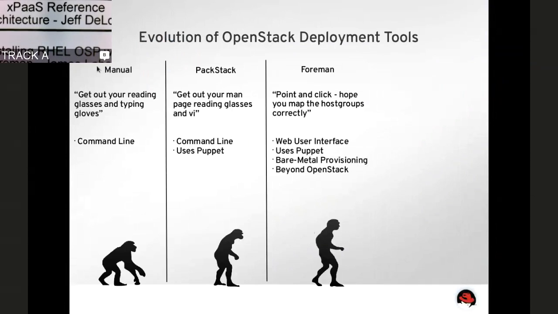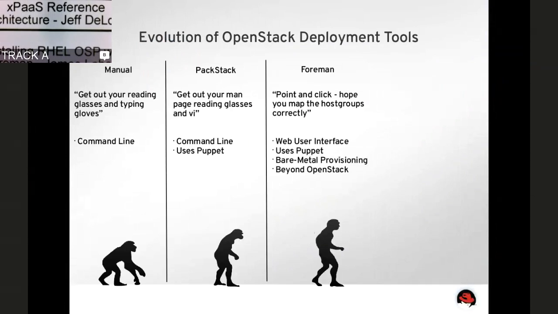The other nice thing is that this took you beyond just deploying OpenStack. Let's say I want to deploy OpenShift on top of OpenStack as part of my provisioning process. I could certainly grab the Puppet modules for OpenShift and begin to deploy OpenShift nodes on top of OpenStack instances and orchestrate that entire installation.